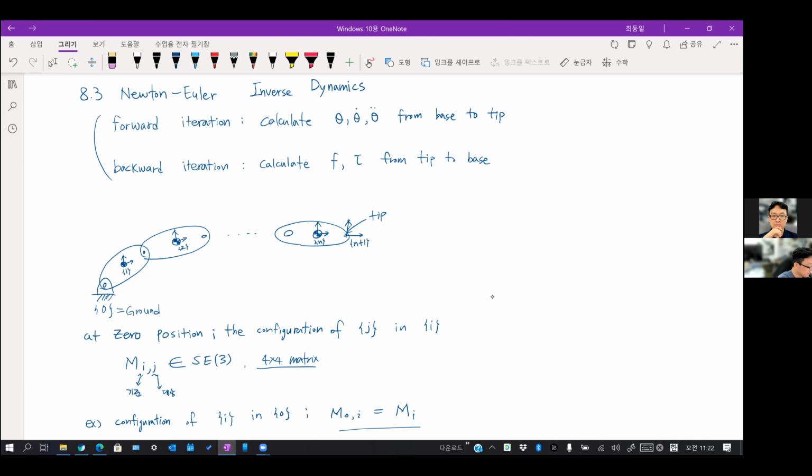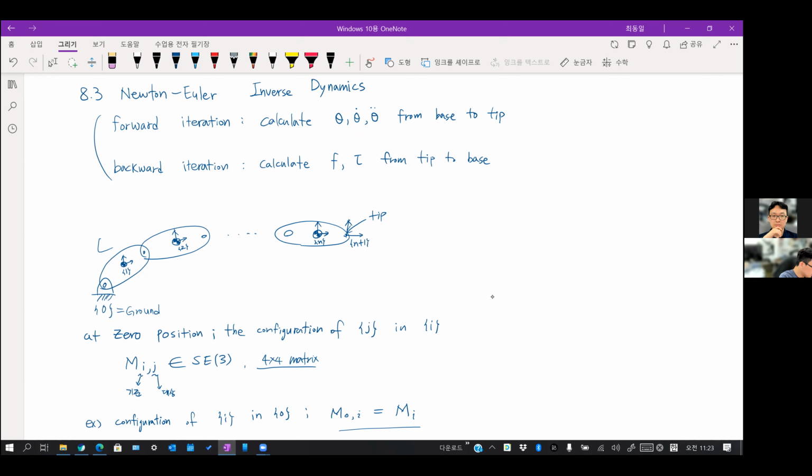So this one is the same as the previous concept of Newton-Euler formulation in the intelligent robotics things. So we calculate from here to the end the velocity and acceleration, and then in the backward iteration, we can calculate force and torque from tip to base.